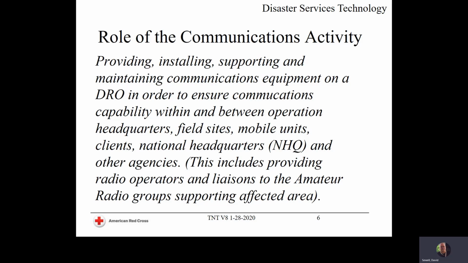We want to make sure that we set up communication capability within and between the DR Disaster Relief Operation headquarters, field sites, for example, like warehouses or kitchens, mobile units, radios set up in vehicles, clients, national headquarters in Fairfax, Virginia, and other agencies. This also includes providing radio operators and liaisons to the amateur radio groups supporting the affected area.